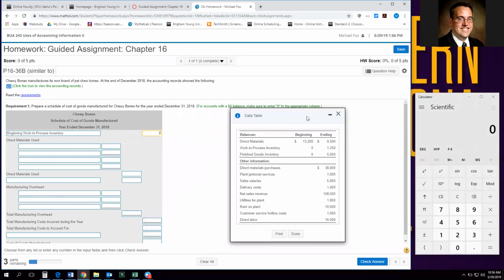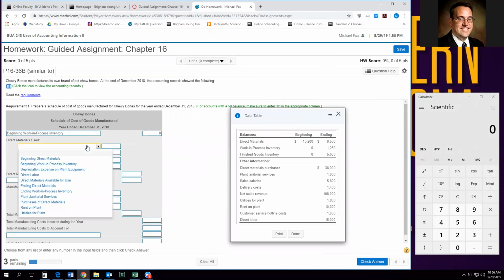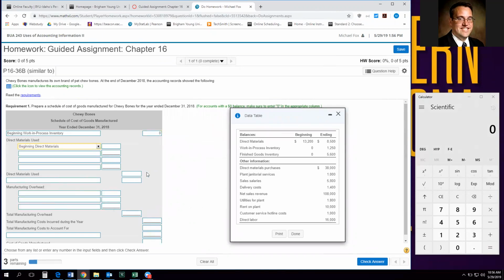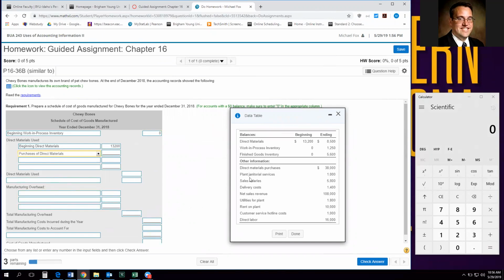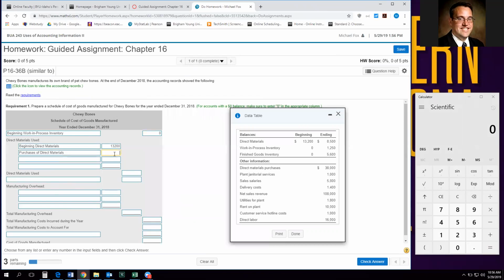All right. So we take our beginning direct materials, 13,200. Then we're going to add any purchases of direct materials, and it should tell us somewhere. There it is, direct materials purchases, 38,000.